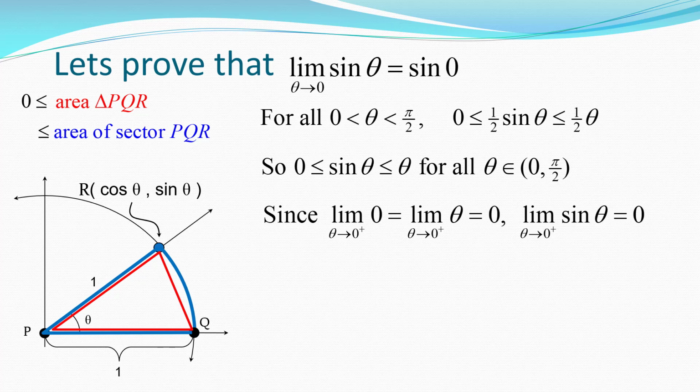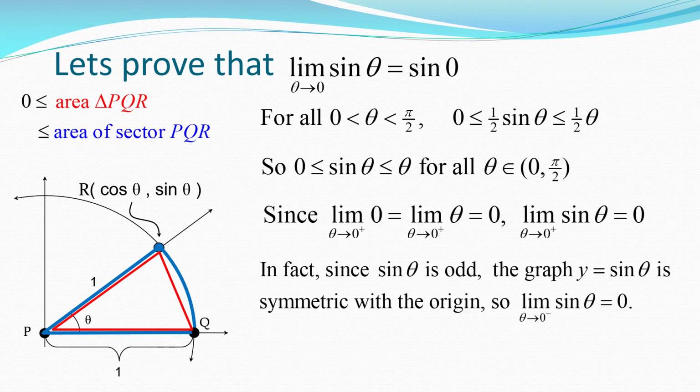But the sine function is odd, which means the graph is symmetric with respect to the origin. So then whatever happens to the right-hand side of the y-axis would also have to happen on the left-hand side. So if on the right-hand side you're going to 0, then on the left-hand side, as theta approaches 0 from the left, you also have to go to 0.